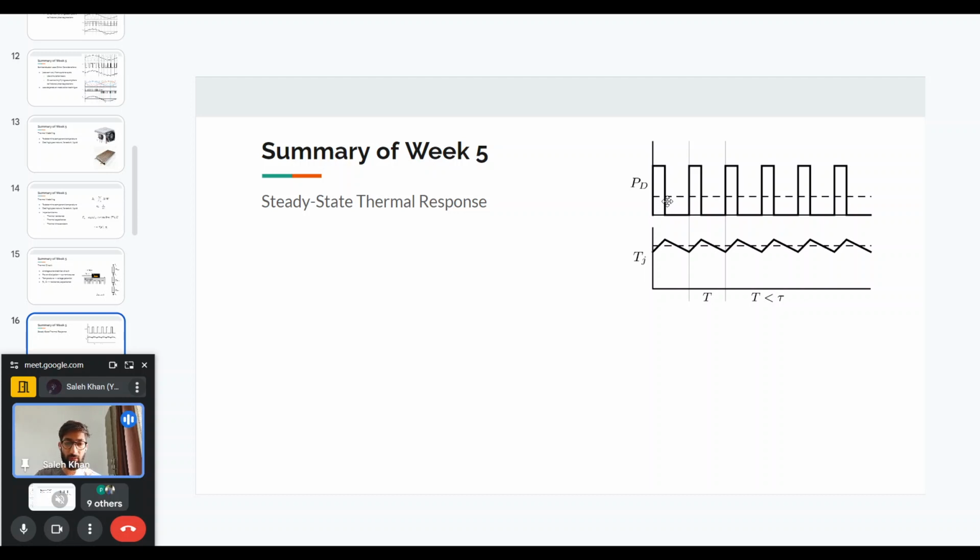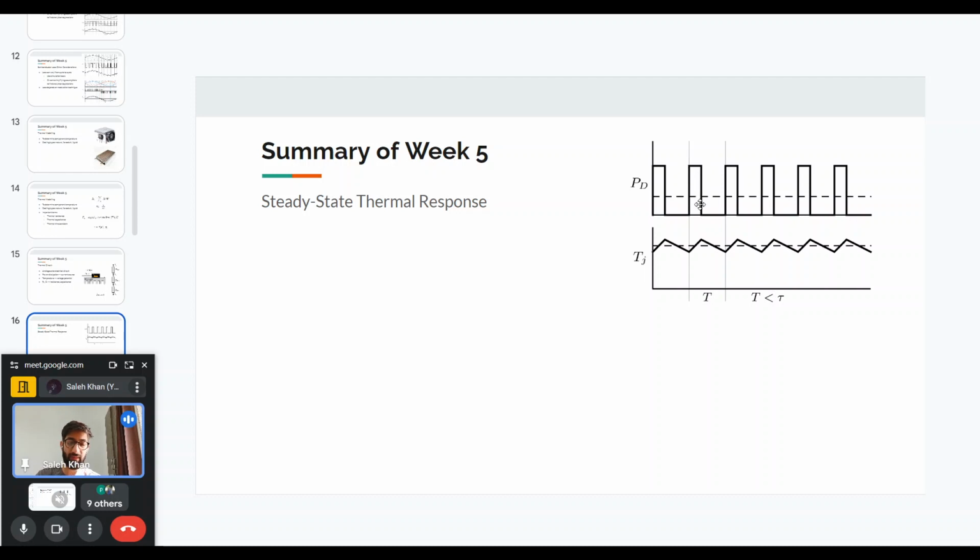And this power loss will be basically the sum of the conduction and switching losses. And it will only happen for some duration of time. Afterwards, we'll have no loss, say when the device is off, continuously off. And then when it turns on, there will be some switching loss, and while it remains on, there will be some conduction loss, and then when it turns off, there will be another switching loss.